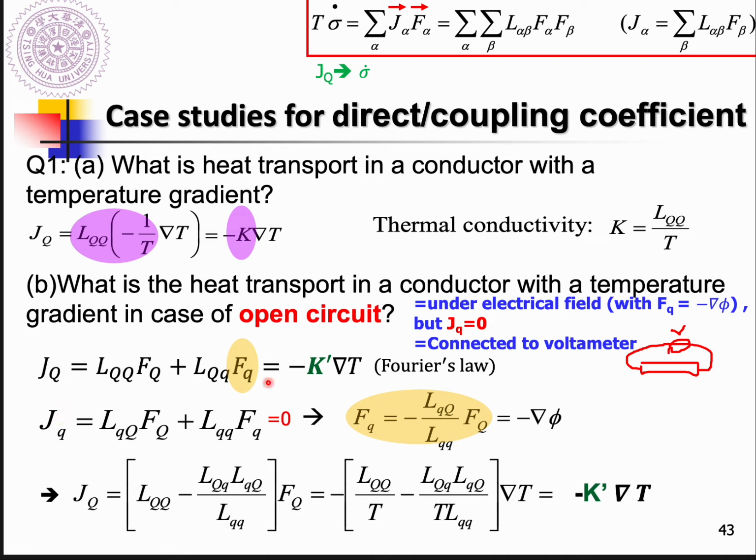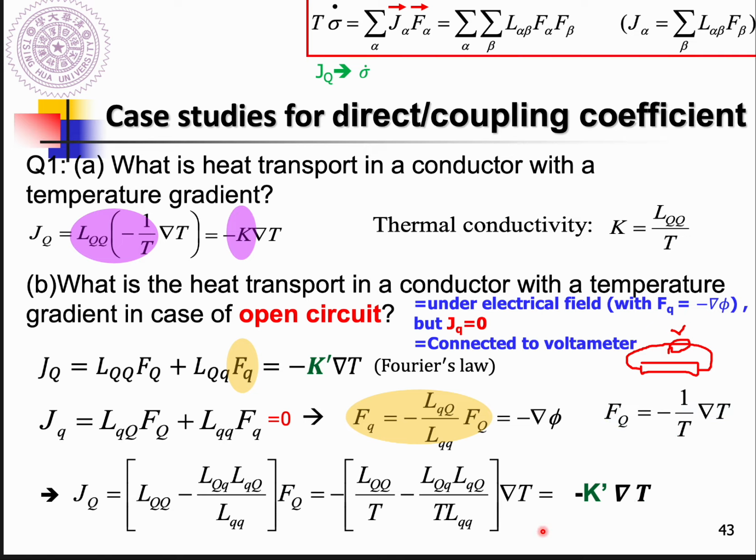And we substitute F small q with this term and take the F capital Q out. Then as you know, F capital Q is minus the temperature gradient divided by T. So we move the temperature part inside, then we get this term, and this term actually equals minus kappa prime times the temperature gradient.